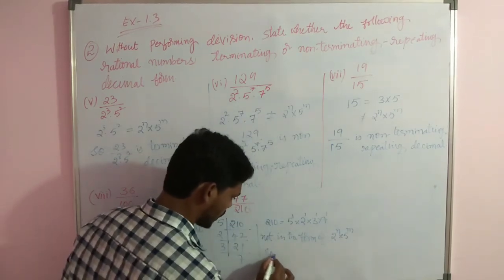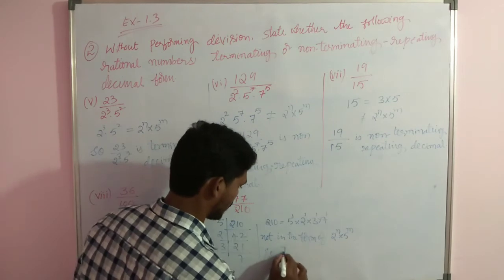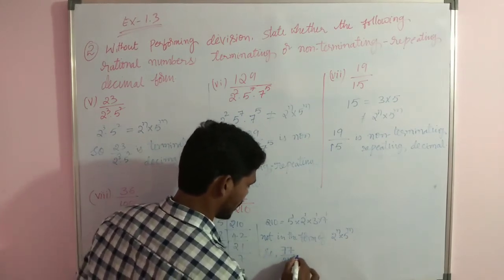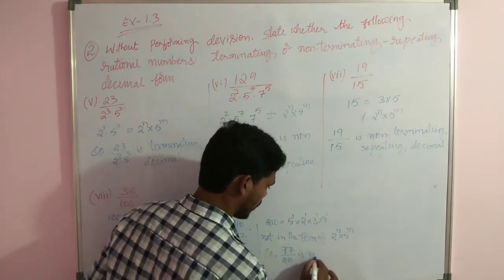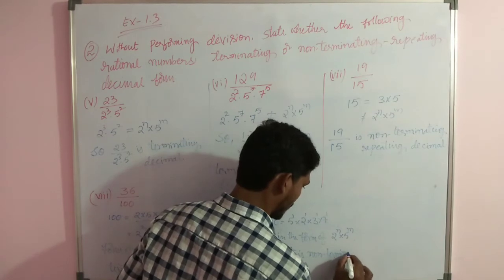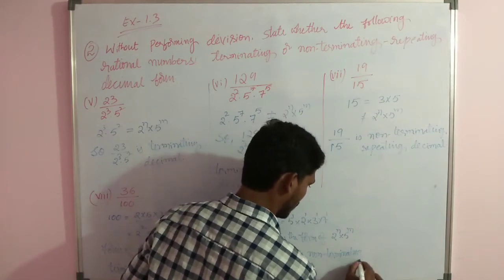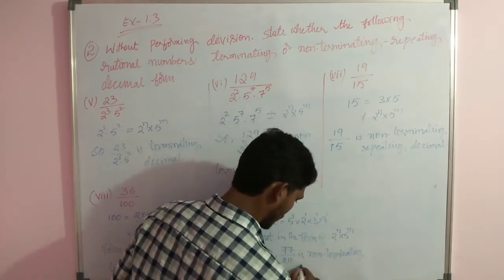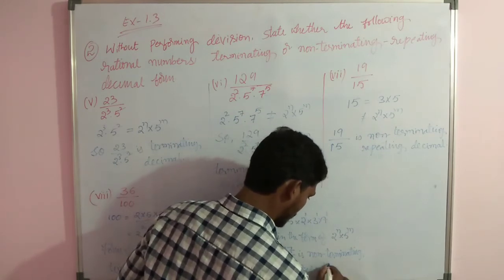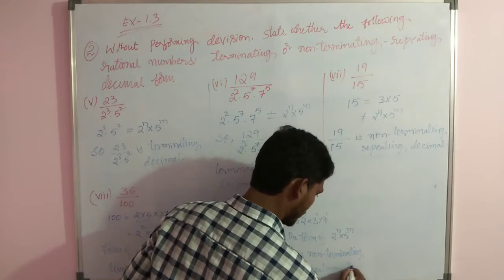So the given rational number, that is 77 by 210, is a non-terminating repeating decimal.